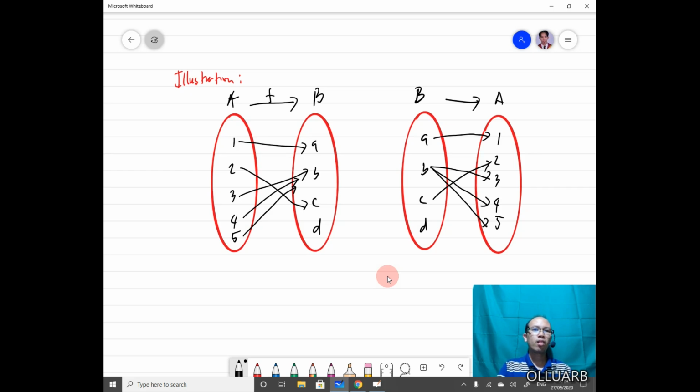Okay, but based on our definition of the relation and the function, it says there that all of the elements in the domain must have a partner or a mapping, okay, or an image. So as you can see here, this illustrates that this is a function.